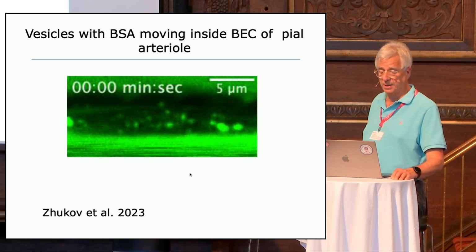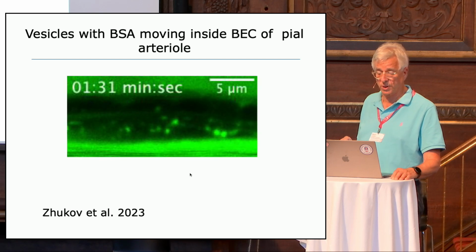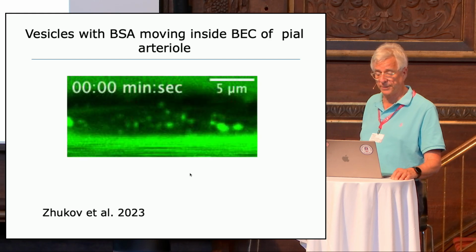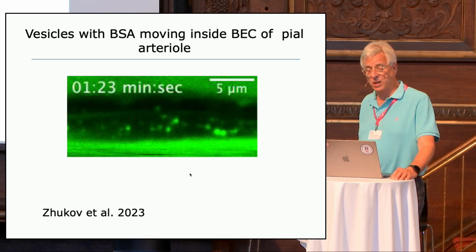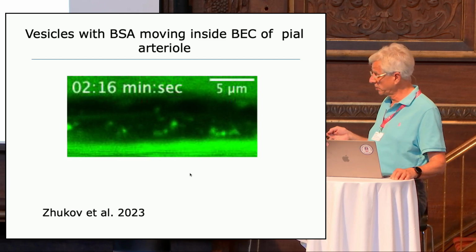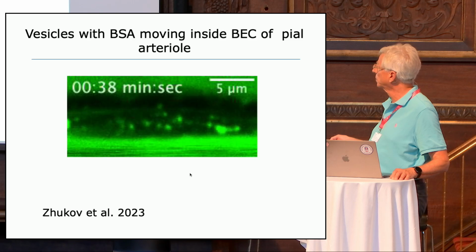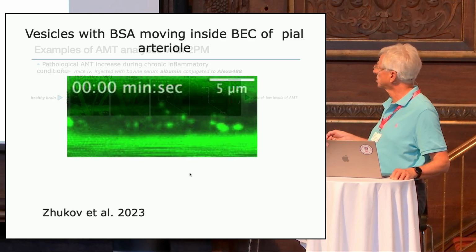Some people think that these vesicles are just not doing anything, but they're actually moving all the time. And what we can see is that here in an arteriolar endothelial cell, if we take away this molecule, sphingosine 1-phosphate, which might sound exotic but is a major molecule in the barrier, you actually can get an increase of transcytosis.